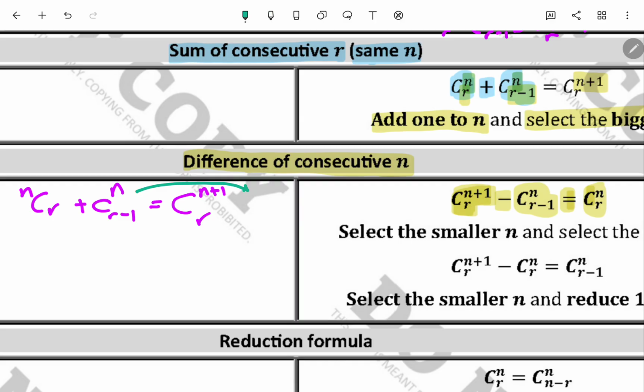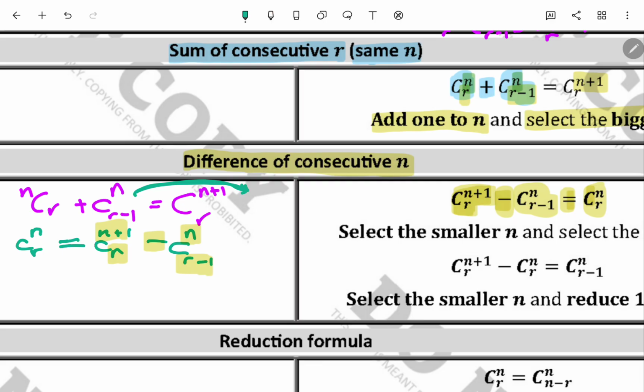How? Like this exactly. Here nCr will stay, and after the equal sign we have (n+1)Cr, and then we move this to the other side to get it negative and change its sign to be nC(r-1). You can see that we now have the difference between two consecutive n and two consecutive r.